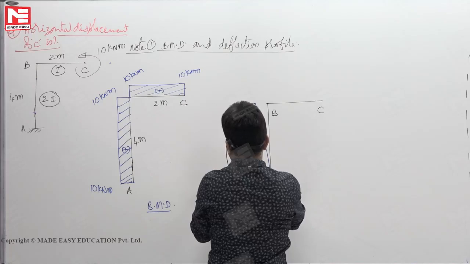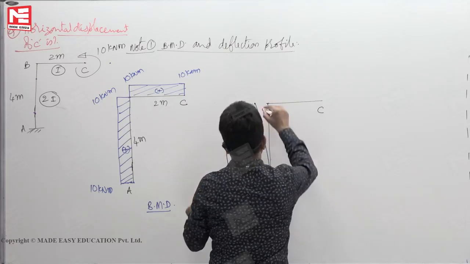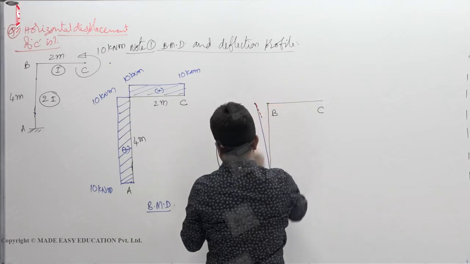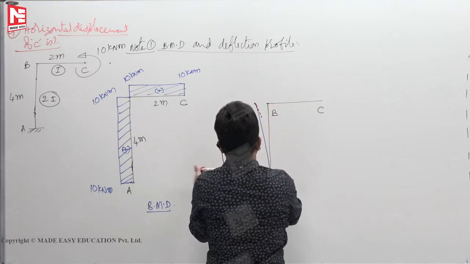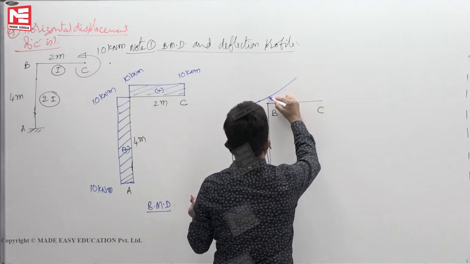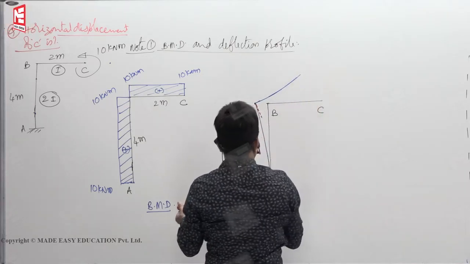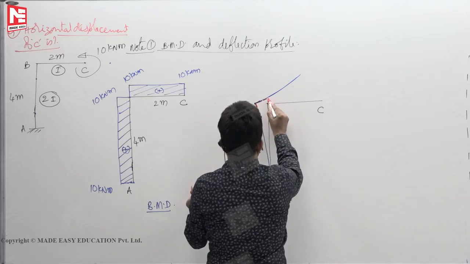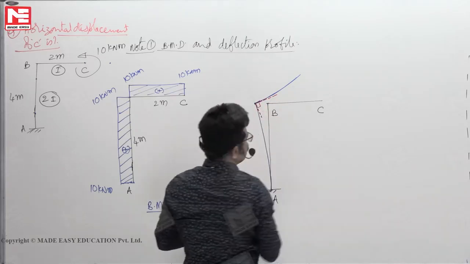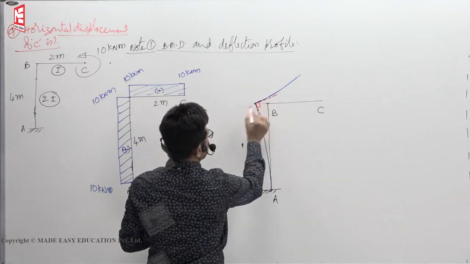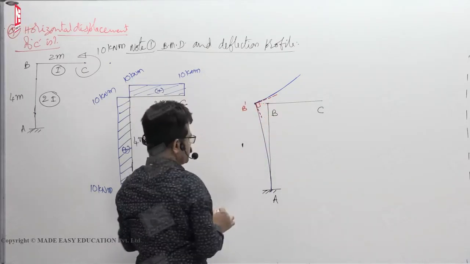So the 90 degrees angle means it will go something like this. So if you drop a tangent here, the 90-degree angle will be maintained like this. B will go to B dash.